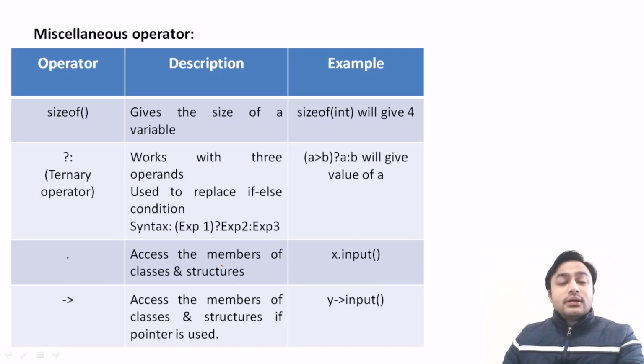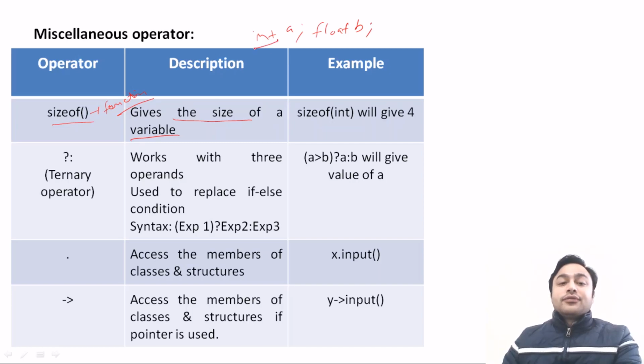Now there is another operator, that is the miscellaneous operator. This is sizeof, which is a function. This function returns the size of the variable. For example, if the variables are int a and float b, it will return the size of the variable.